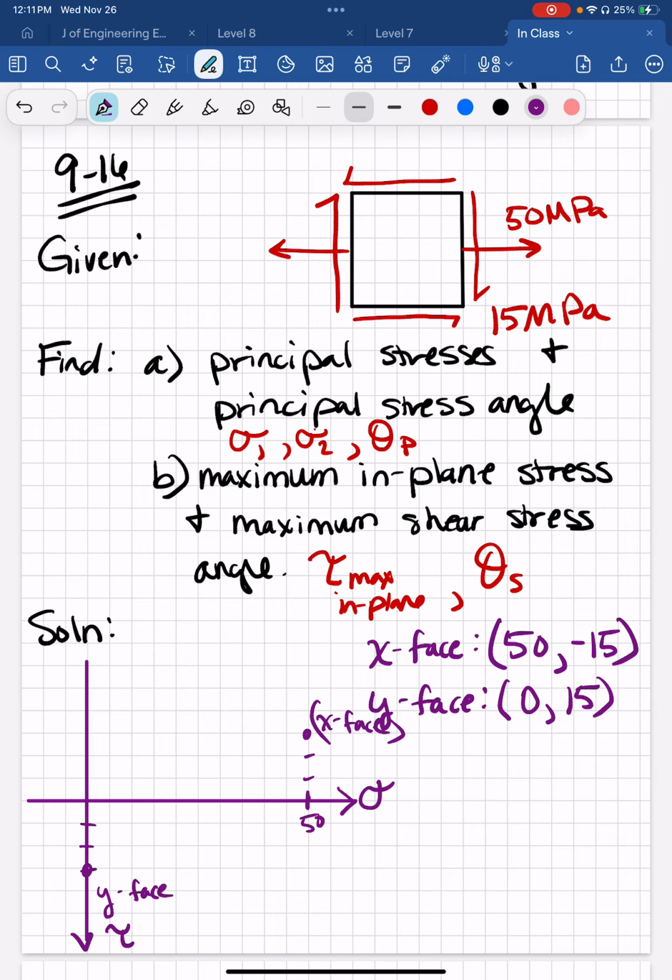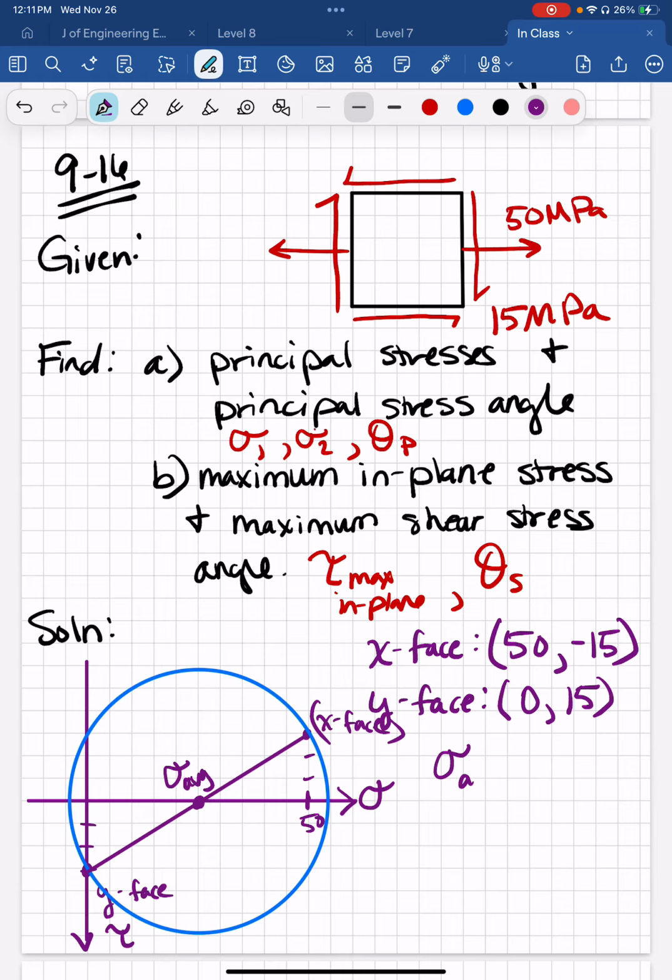Then we can draw our circle around those two points. So now we have our circle. We can draw a line between the two points. The center point is going to be our average stress, and it's between 50 and 0, so that would just be 25 megapascals.